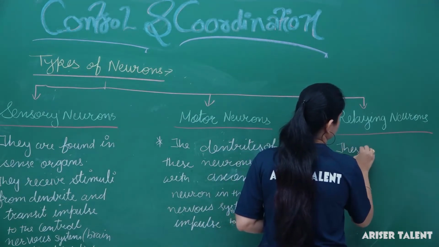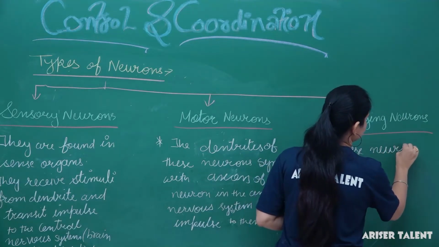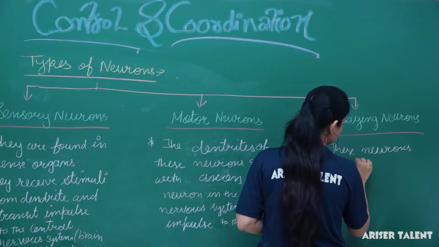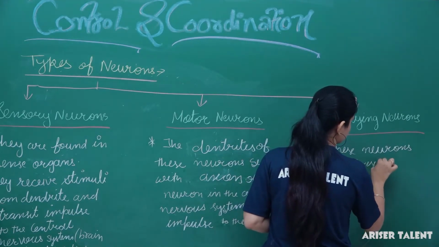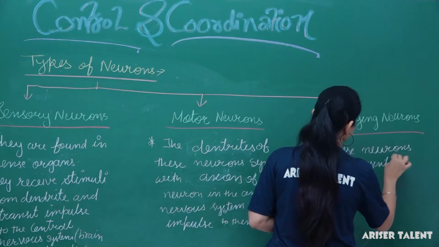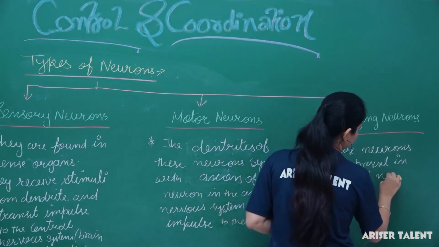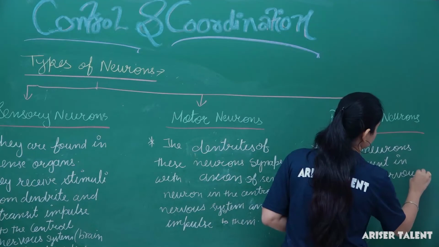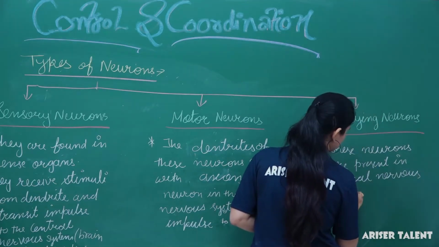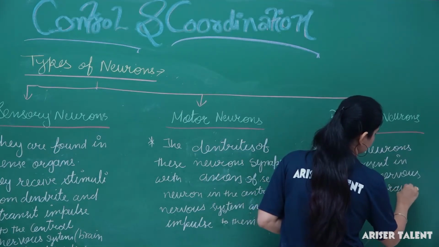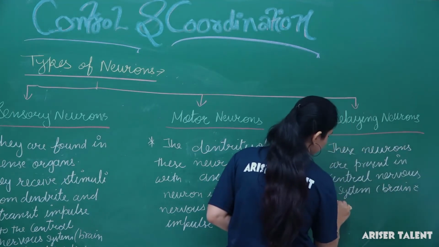These neurons are present in the central nervous system, like the brain and spinal cord.